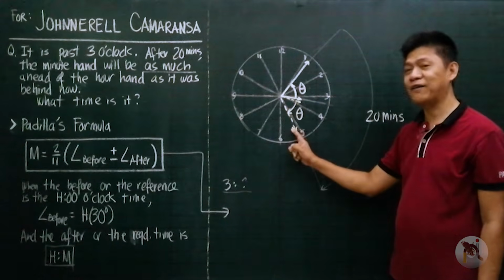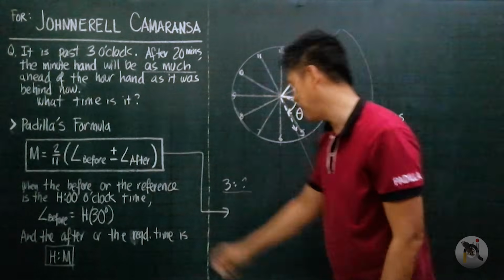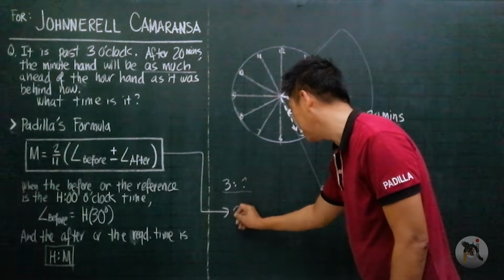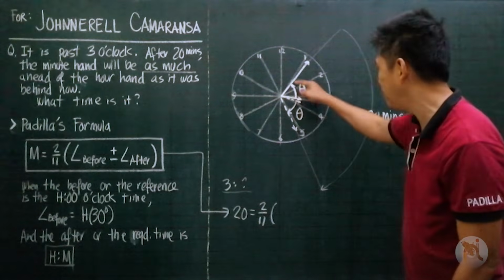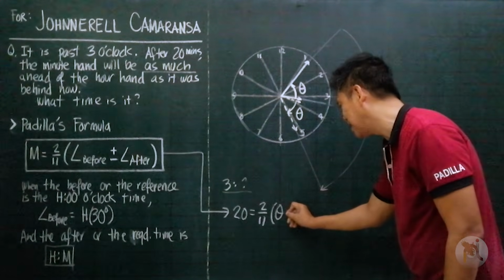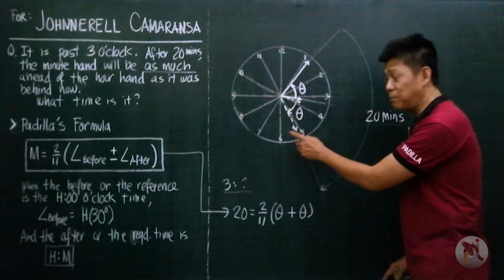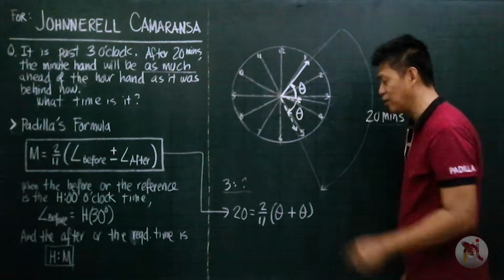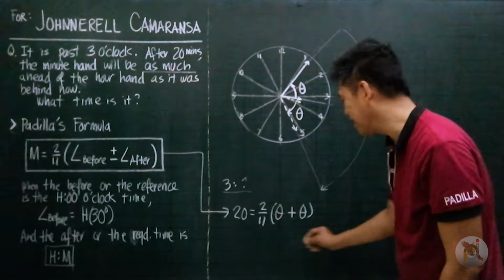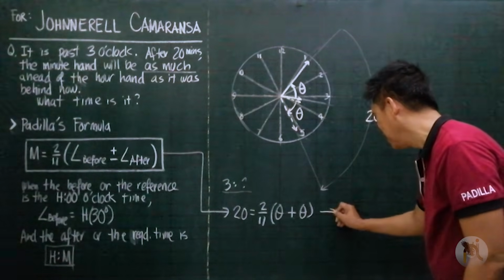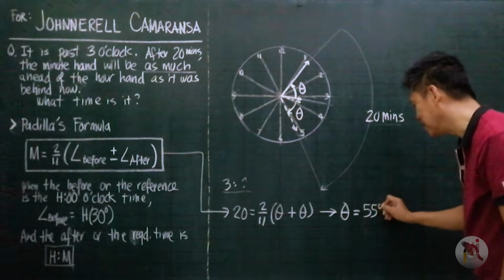From the before to after, it is 20 minutes. So, substituting, you have 20 minutes is equal to 2/11 times the angle before, theta, plus the angle after, theta, plus because the minute hand is already ahead of the hour hand. Solving this equation, your theta is equal to 55 degrees.